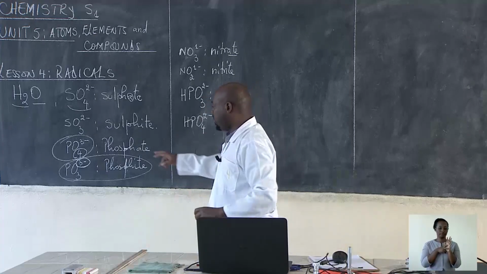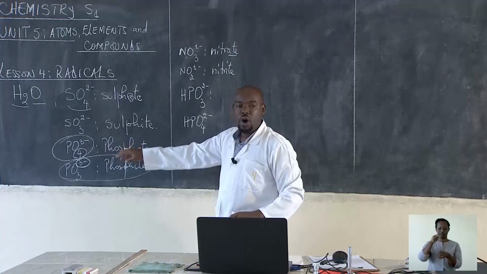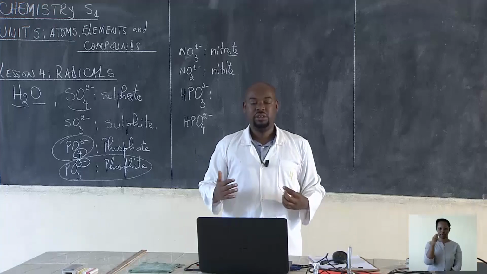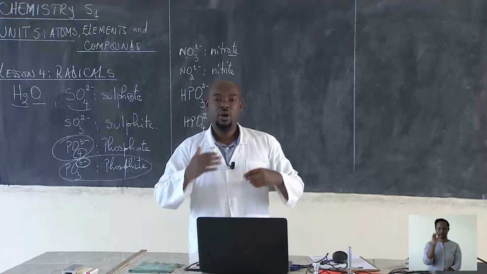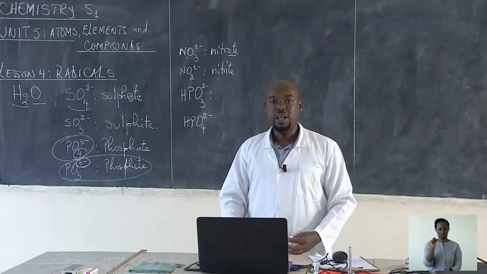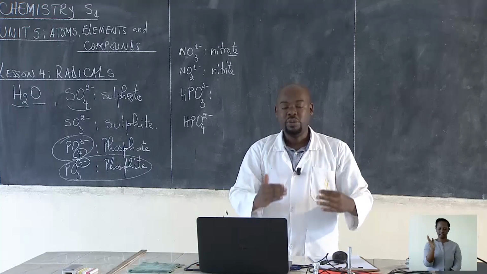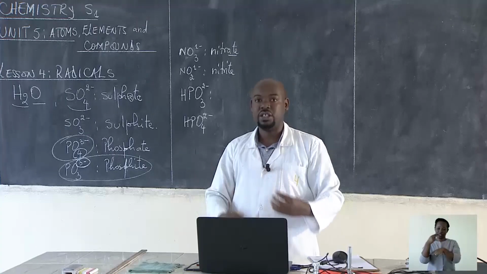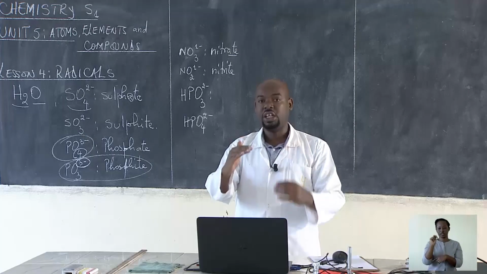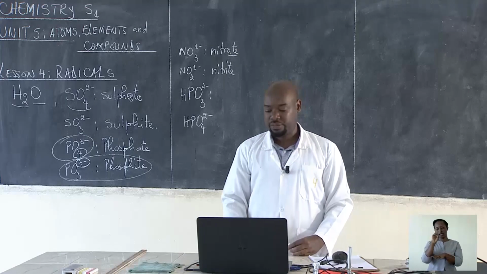And then in front of the phosphate, you add hydrogen. Hydrogen phosphate. If it is a carbonate ion and you add hydrogen, it becomes hydrogen carbonate. And always the charge reduces by 1.